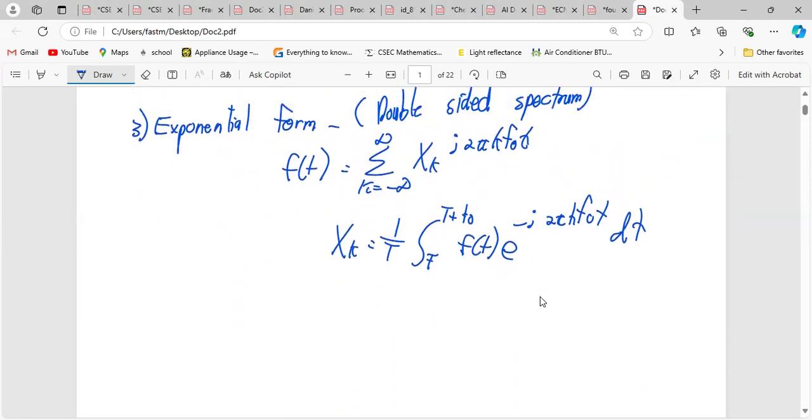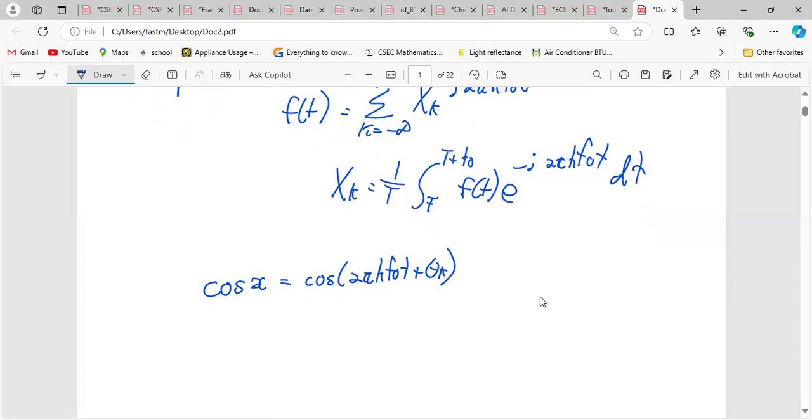With respect to the question that the guy asked, remember cos is an even function, right? So right now I have cos x, and with the cos x, I have cos 2 pi k f naught t plus theta k. But remember cos is even, so I could also have cos minus x. Remember, it's literally the same thing. If I throw the minus outside, it can't disappear.